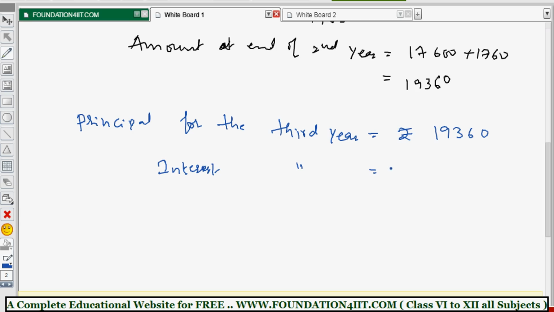Interest for the third year is 19,360 into 1 year, 10% per annum, by 100. Just do the cancellations. We get 1936. This amount we should add.